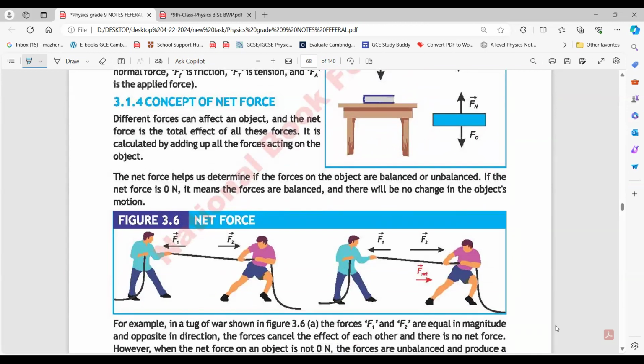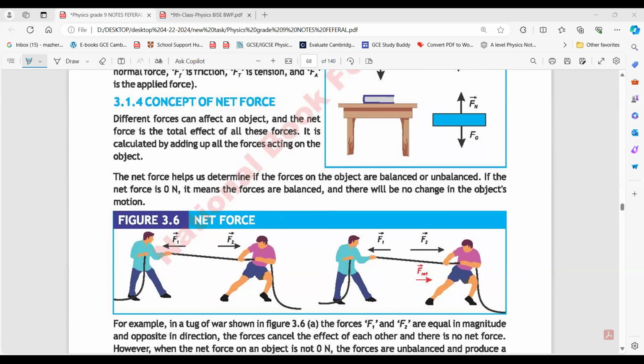Out of the forces that we have discussed above, which force would you name as a contact force? Is tension a contact force? Yes. What about normal force? Yes. So that's what I was asking about.